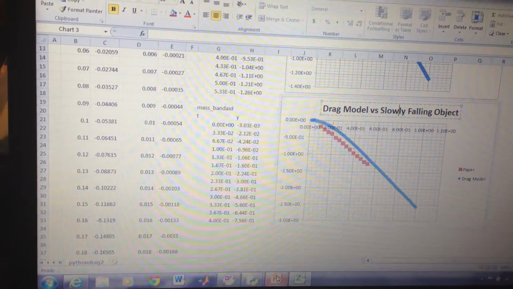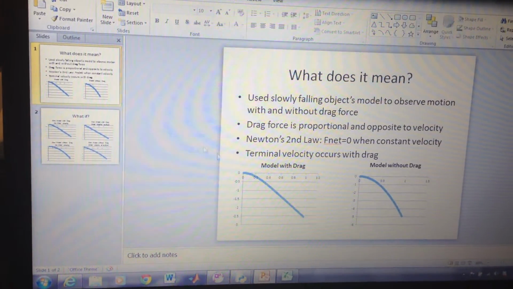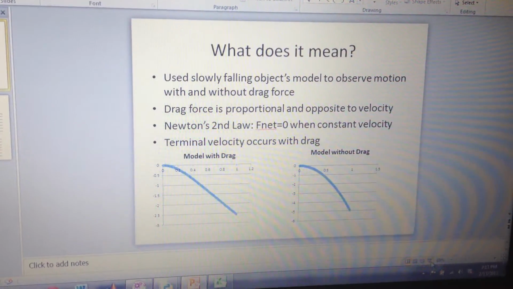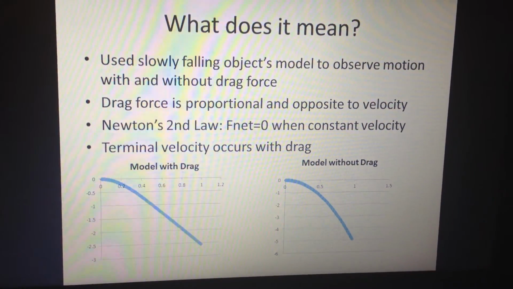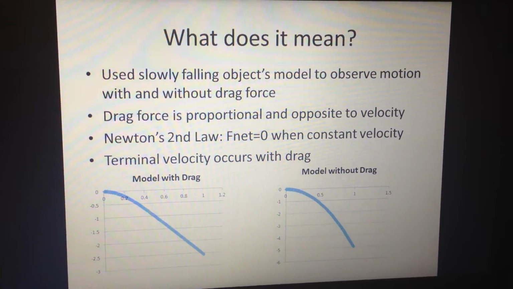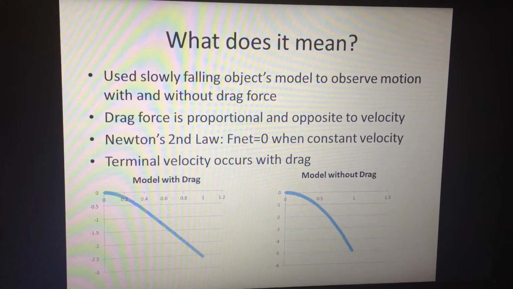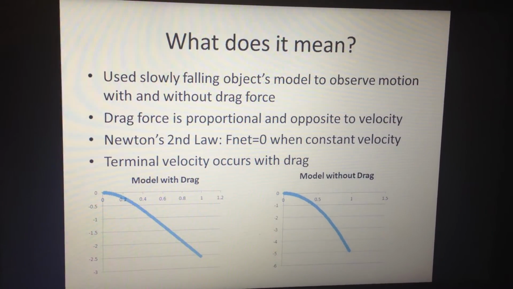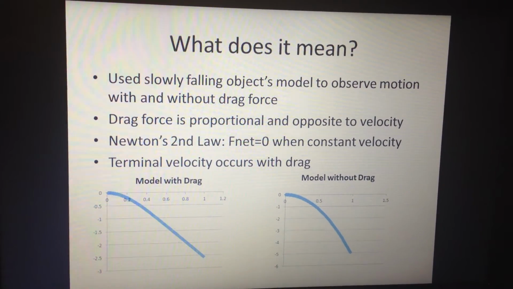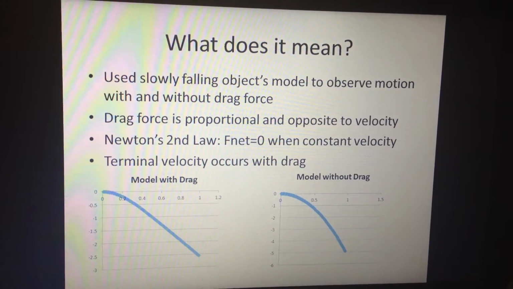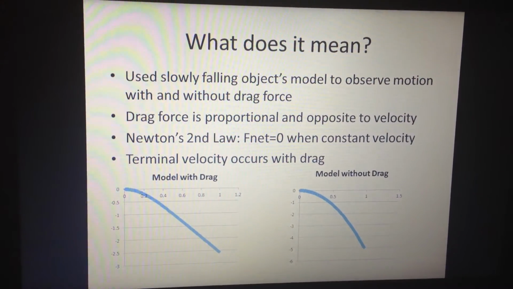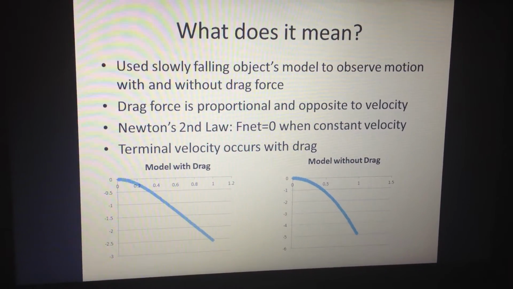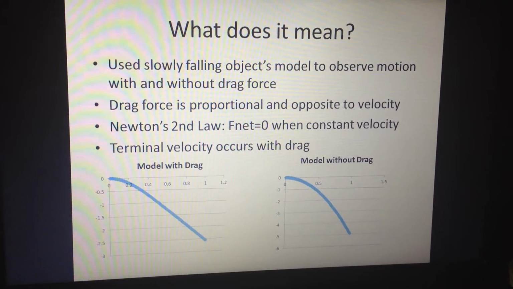So, moving forward, what does this mean? When we use the slowly falling objects model to observe motion with and without drag force, so that's my paper, we saw that the drag force is proportional and opposite to the velocity. And when Newton's second law occurs, F net equals 0 when constant velocity, you reach the terminal velocity, which can only occur with drag.